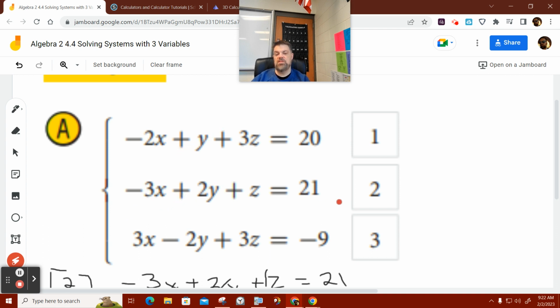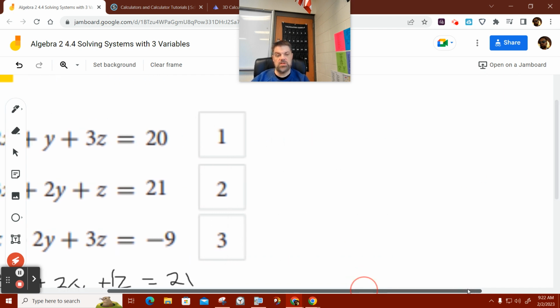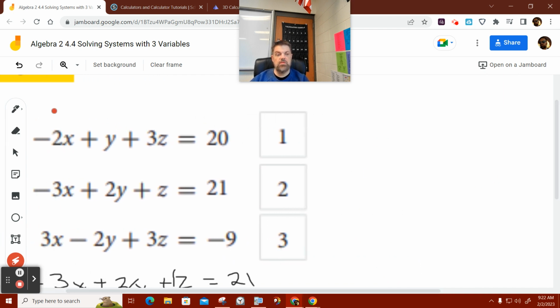So 2 and 3 I've already used, so I need to use 1 with one of these other equations. What I think I'm going to do, and I'll write this work over here, is take equation 1 and multiply this one by something.